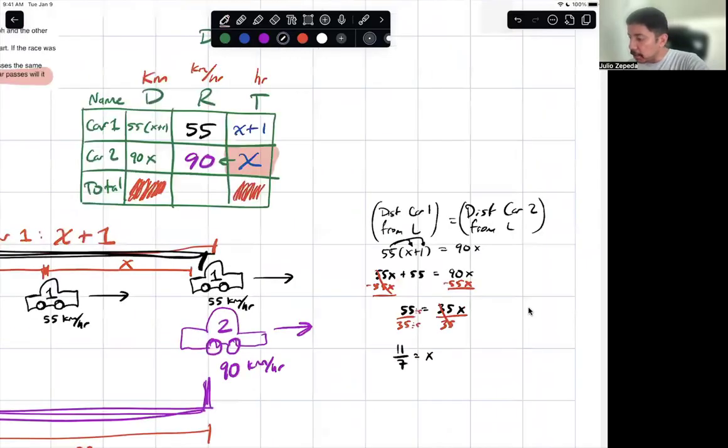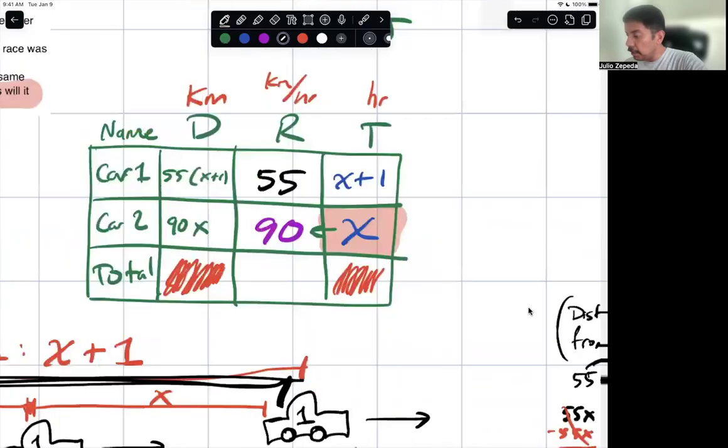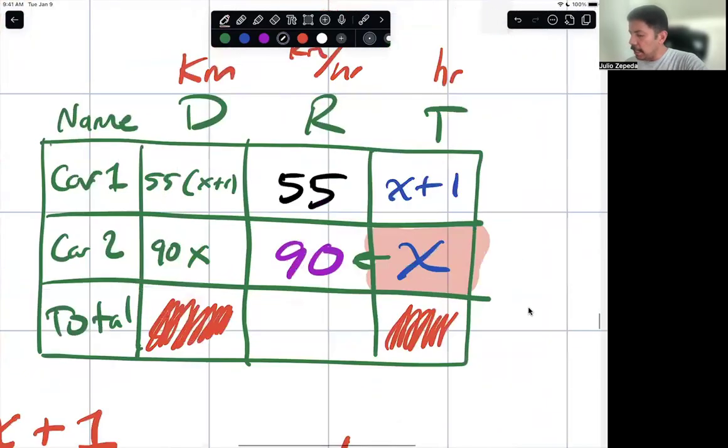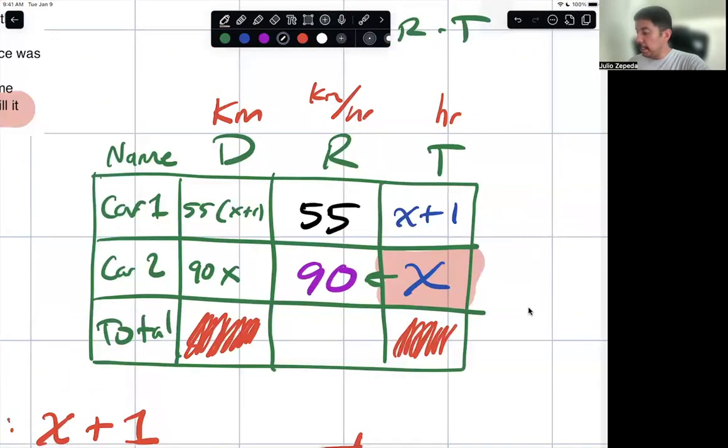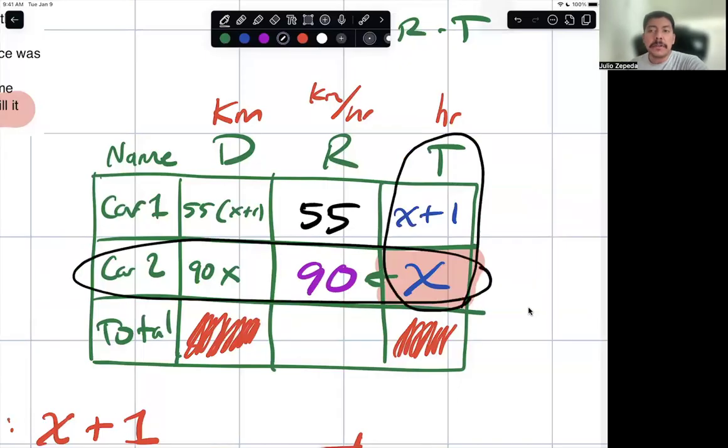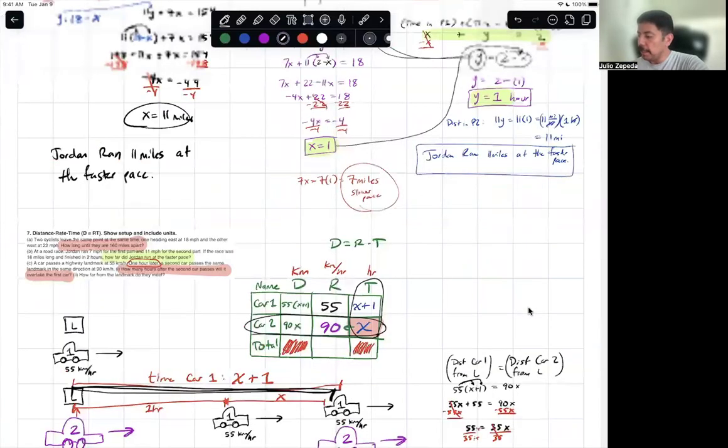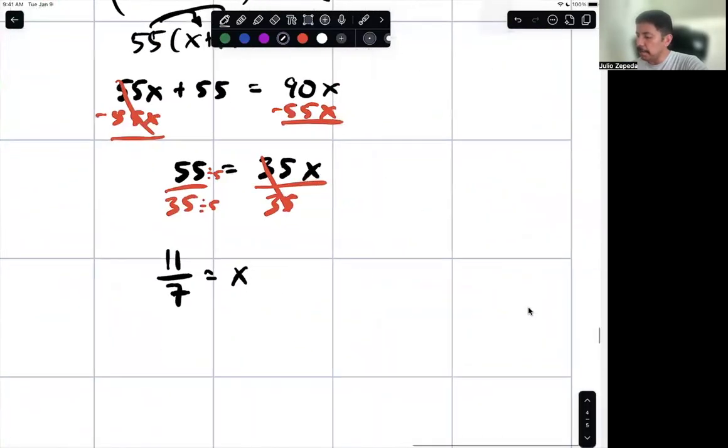And x was defined to be, if we look at our definition, the way that we defined x, if you use this table, it's pretty clear. X is in the time category for car 2. So this is the amount of time that car 2 traveled until it caught up to car 1. Okay, and so this is a time in hours.